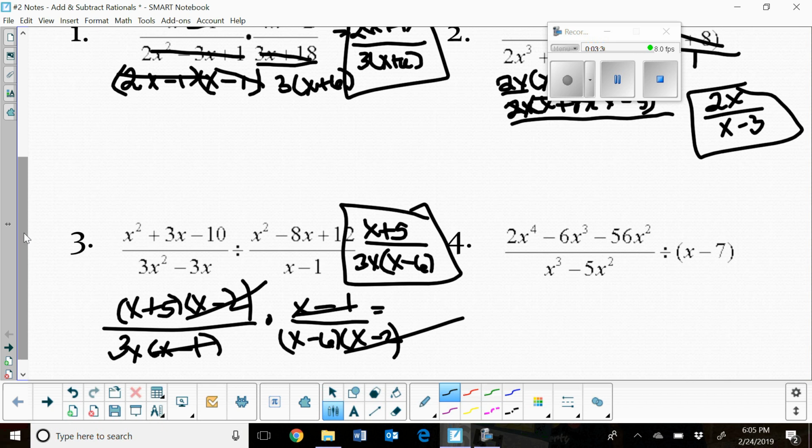And then the last one is, let's factor out a 2x squared. And that leaves me with x squared minus 3x minus 28. And then that is all over x squared times x minus 5.